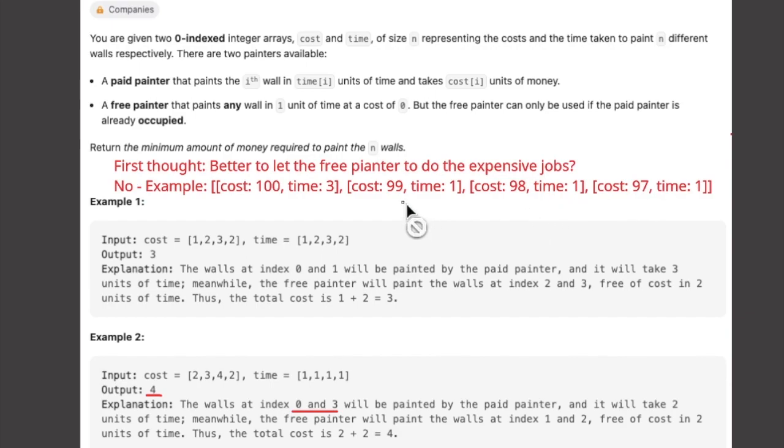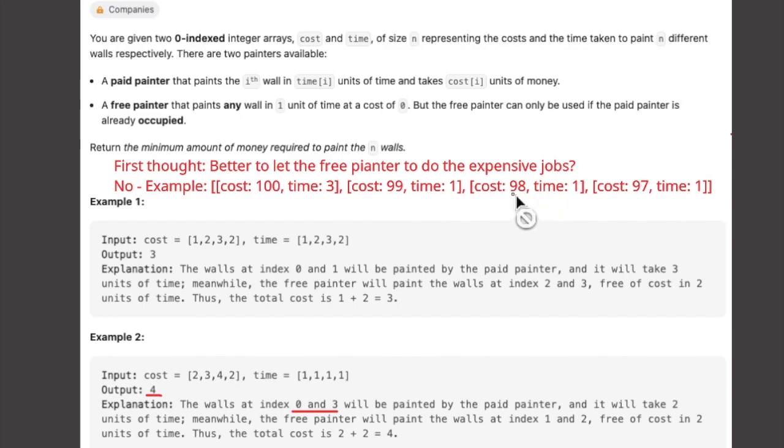Here, if we let the free painter do the expensive job, then probably we will end up picking this 97, and also this 98, and then we'll let the free painter do the remaining.